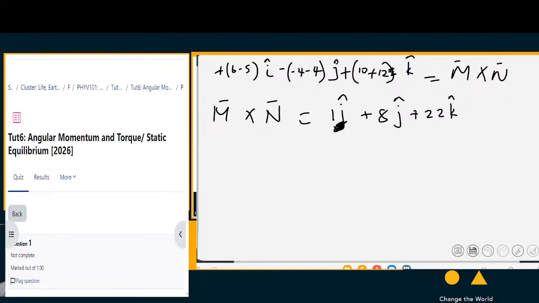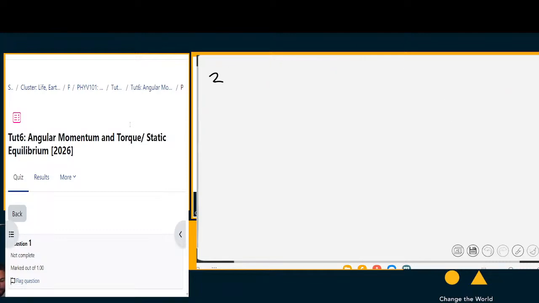Now let's go to a problem actually involving angular momentum and the vector product. Let's say we need to find the angular momentum. This is problem 2. What we want is the angular momentum.